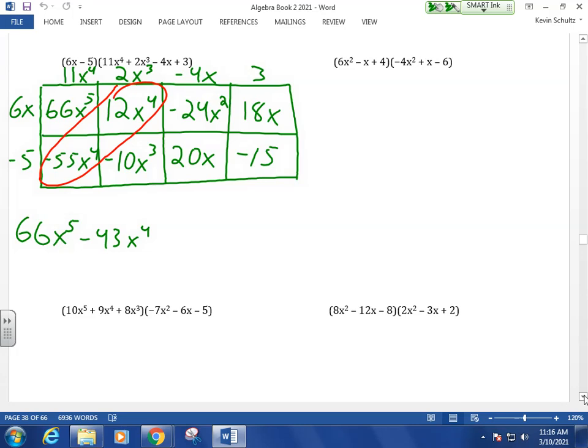I do only have one x cubed term, so minus 10x cubed. Only one x squared term, negative 24x squared. My two x terms combine to be positive 38x. And then my constant of negative 15.